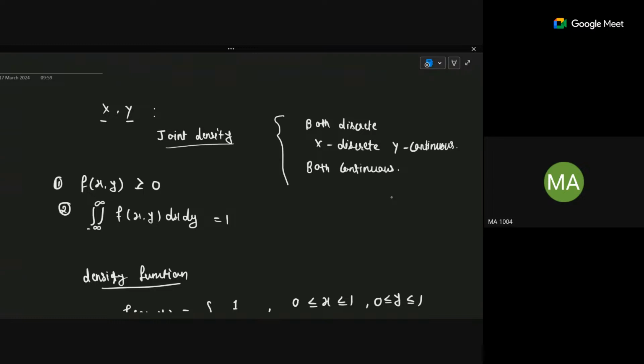Today we are discussing both continuous. So whenever both random variables are continuous, you have to go with this. If one random variable is discrete and one is continuous, then follow whatever we studied in week 5, right?